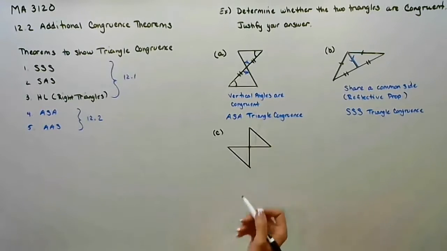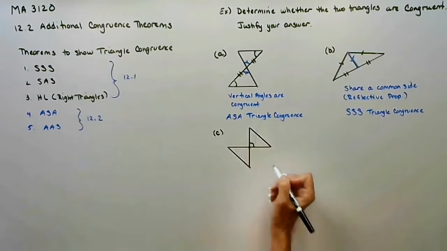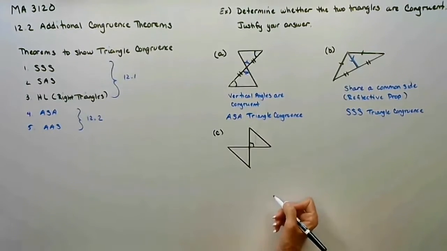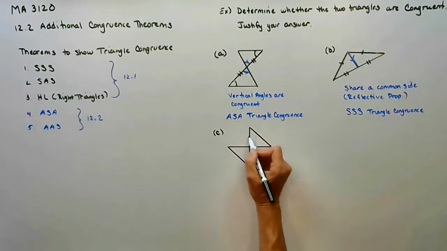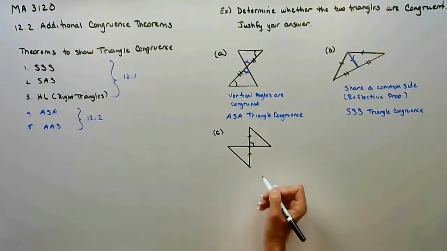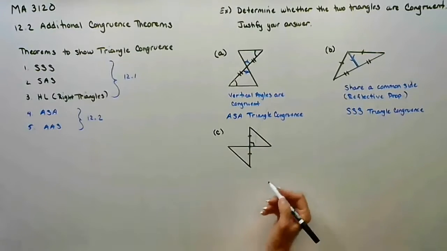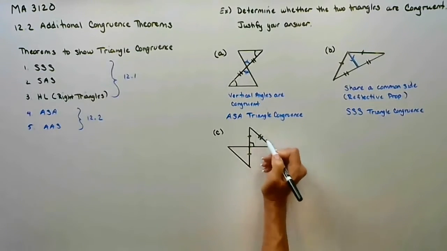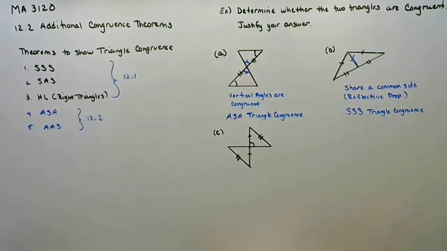And I gave you, this is a right angle. I gave you, this side is congruent to this side of the other triangle. I gave you, this side is congruent to this side of the other triangle.